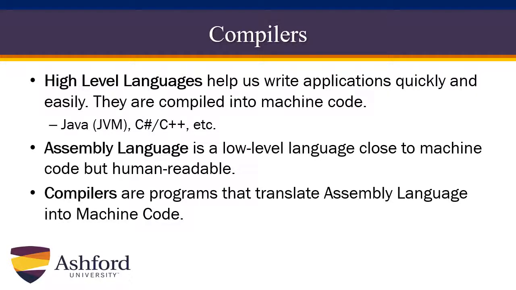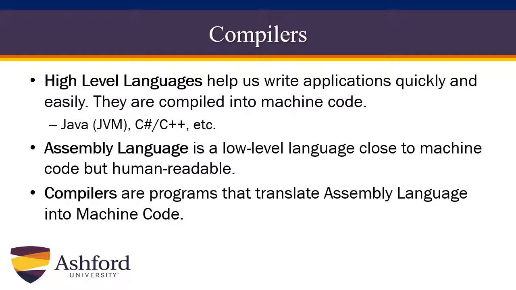So processors do not understand C++, they do not understand Java, they do not understand, certainly not things like Python or JavaScript, which are interpreted languages. Ultimately, all they understand is machine code, which are commands that are engineered into the chip using those logic gates that we looked at earlier.